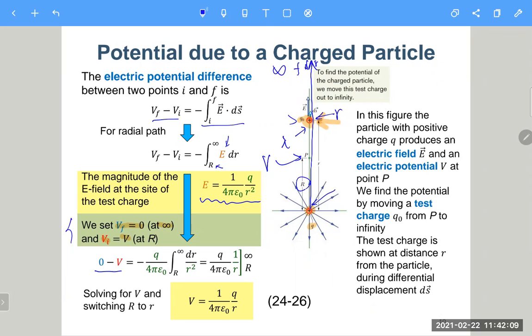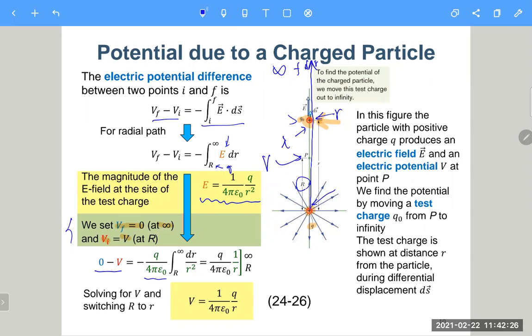We need to really use E equals KQ over R squared. We substitute this into the expression, so that we have Q over 4 pi epsilon naught, and then dr over R squared.